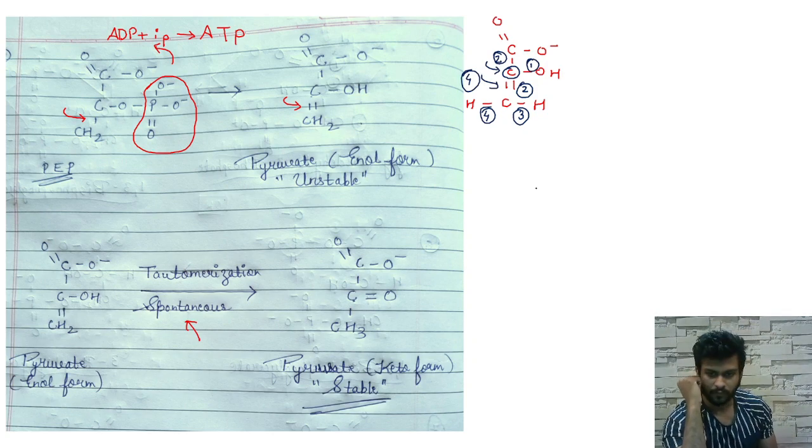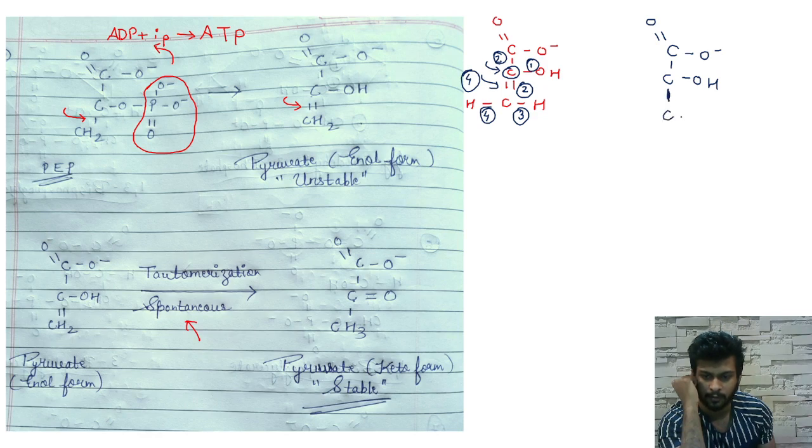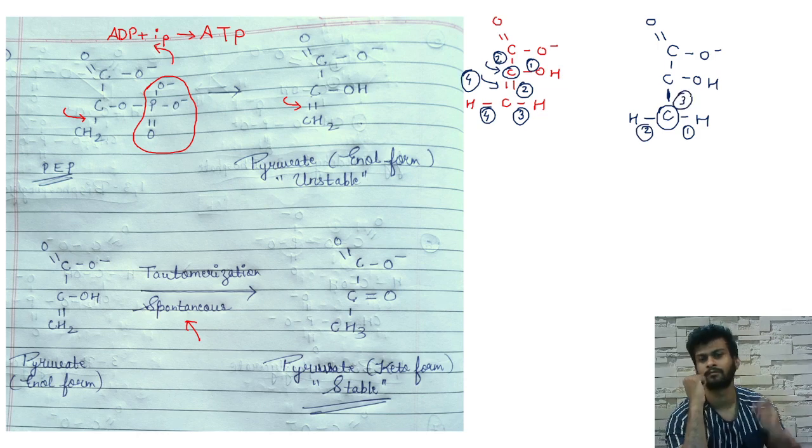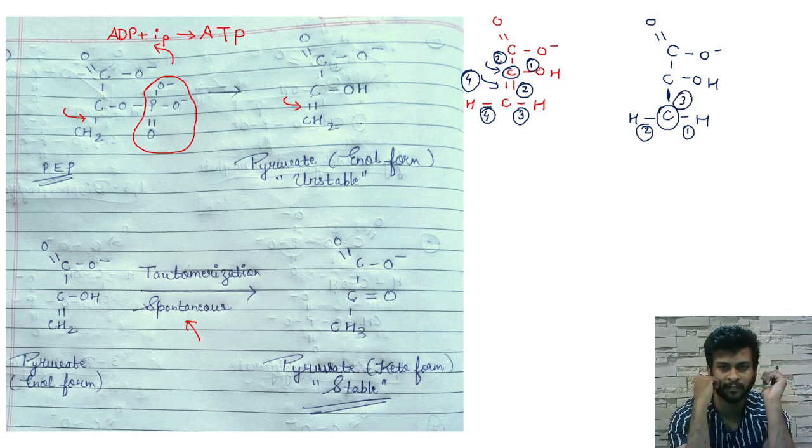Okay. Now if it would have been a single bond, here it is a single bond, then this carbon would have formed only 3 bonds, 1st, 2nd and 3rd. But it is incorrect because carbon has to form 4 bonds.